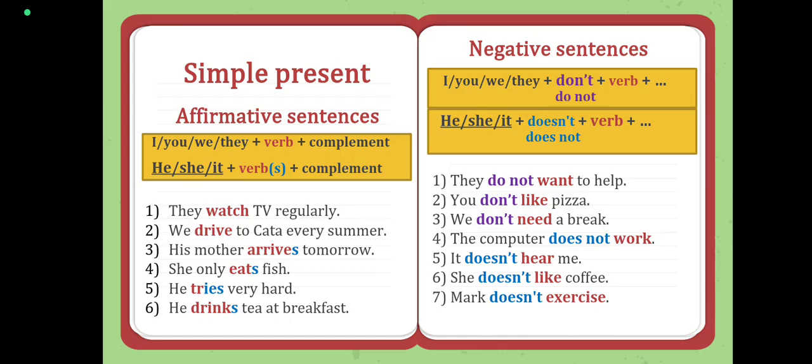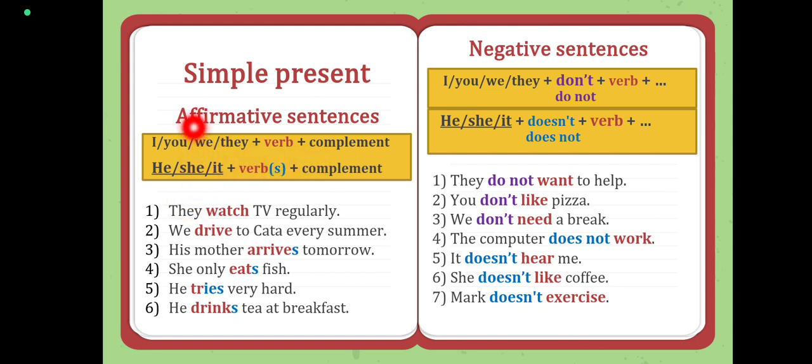Okay, so here we have the structures for simple present, for making affirmative sentences and negative sentences. I think you already know this, but remember, with all the types, affirmative, negative, and interrogatives, you need to focus on the noun.